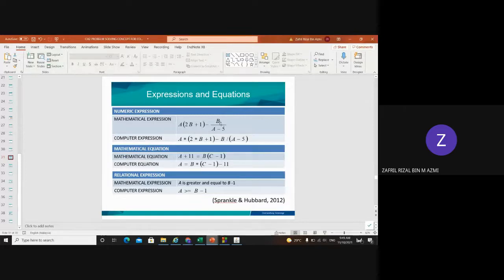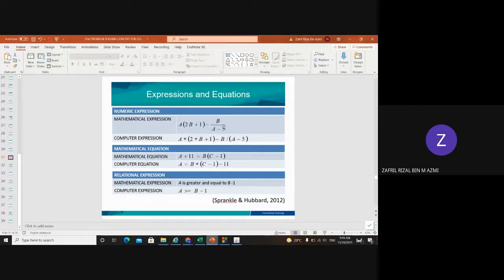This is understandable by you as a division, but not by the computer program. Put B, and this should be in brackets. If you don't put the bracket, it will solve B divided by A first. That is wrong, because supposedly A must be minus 5 first, if we refer to the original expression.